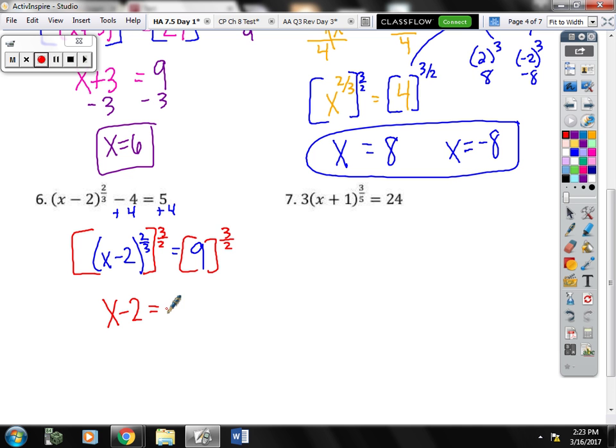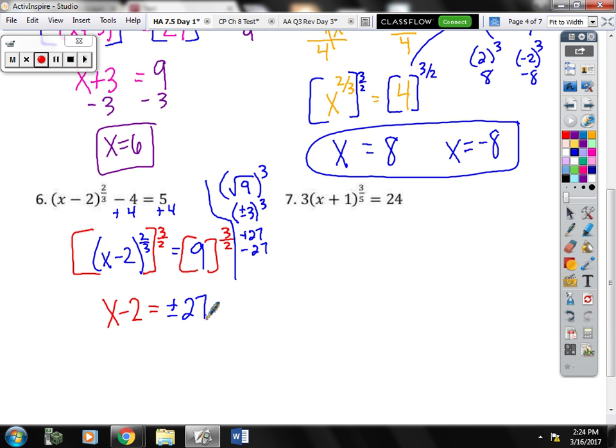Now on this side, again, we take the square root of 9, quantity cubed. The square root of 9 is really positive and negative 3. And then you're cubing positive 3 and you're cubing negative 3. So that's going to get me positive 27 and negative 27. Those aren't my answers though. Those are what goes in on this side of the equation.